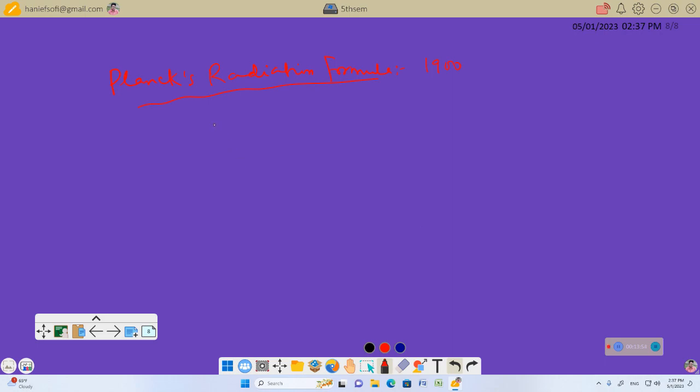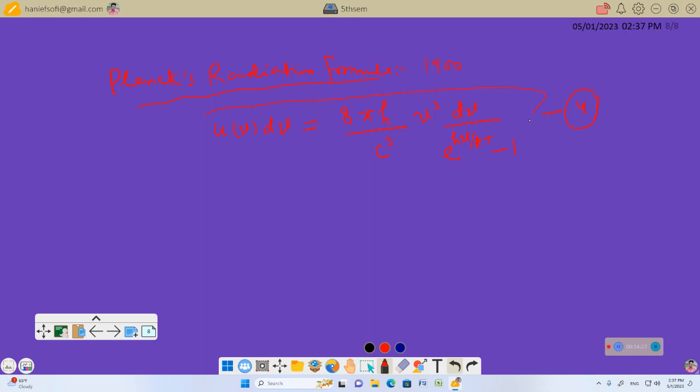So his formula is like this: u nu d nu is equal to 8 pi h over c cube, nu cube d nu over e raised to the power h nu by kT minus 1. Let me name it equation 4.